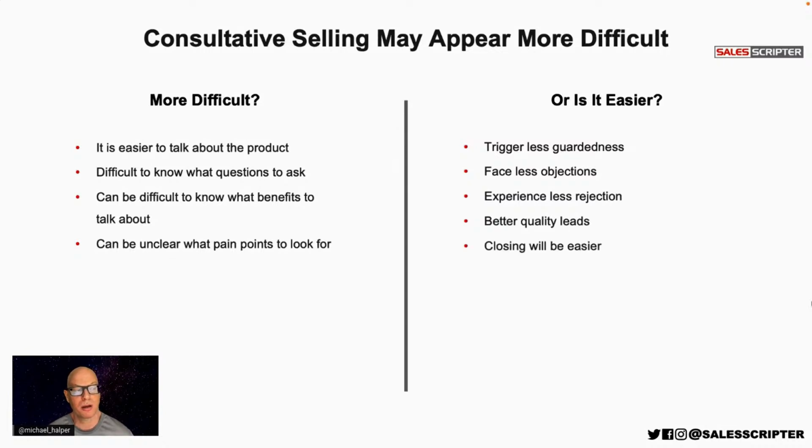And because you're working better leads, closing is actually going to be easier. We're going to have a whole training module on how to be a better closer. I actually believe that using the Smart Sales System, closing is one of the easiest steps of the process. Because when you do product selling, that's where you are trying to close prospects that don't need what you sell because you didn't learn about them and you're just trying to sell to everybody.